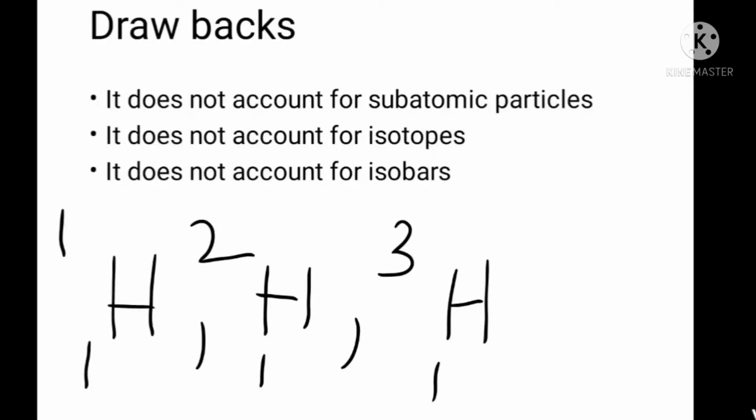Isotopes are atoms of the same element having the same atomic number but different mass number. These are the isotopes of hydrogen: protium, deuterium and tritium. Here atoms of the same element have different masses. From this we can conclude that the theory does not account for isotopes.